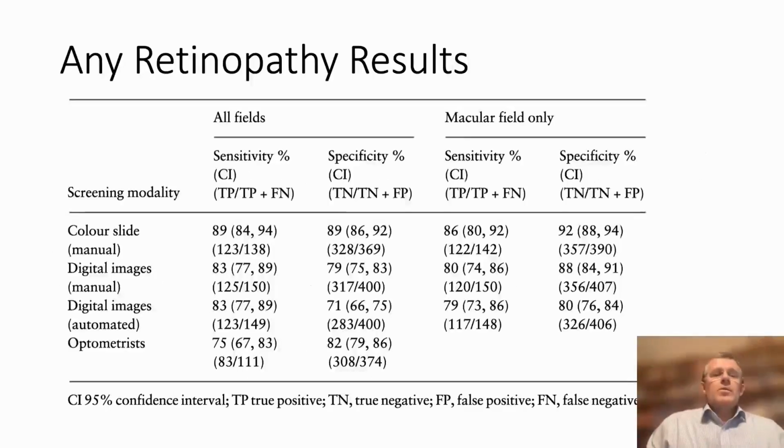When you look at any retinopathy, i.e. is the image normal or is it not normal, then you could now look at the results of automation, and you could see that automation performed from a sensitivity point of view similar to manual grading of images for digital images in particular. The sensitivity was a bit low for both processes compared to colour slide photography.